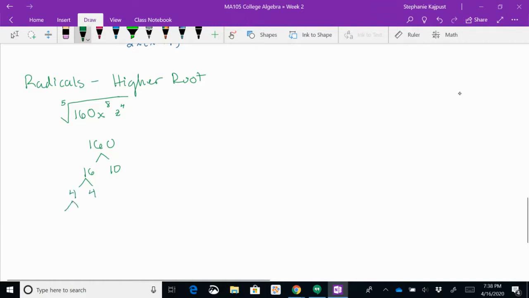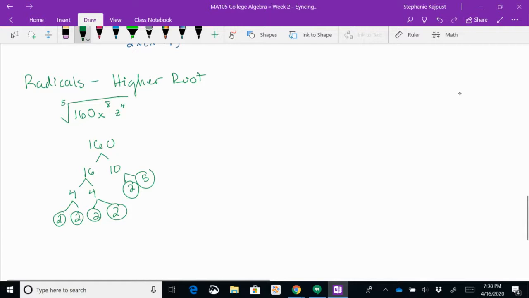And then 4 is 2 times 2, so I can split each of those up. But I can't split 2 up. It doesn't split up as two numbers that multiply to 2. So if I get to the bottom, I put little circles around that. Now I've got to do the same thing with my 10. And that's 2 times 5. It's a little sideways there, but you get the idea. And those can't go any further.